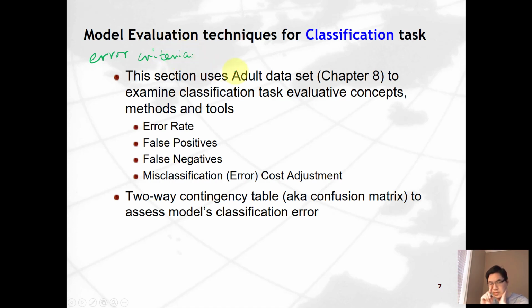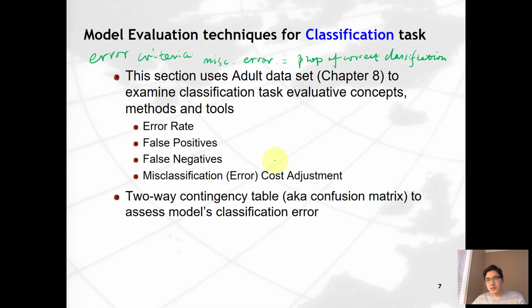A traditional error criterion for a model developed for a classification task would be the misclassification error, which is the number of correct hits divided by the total number of observations. This is the proportion of correct classification.